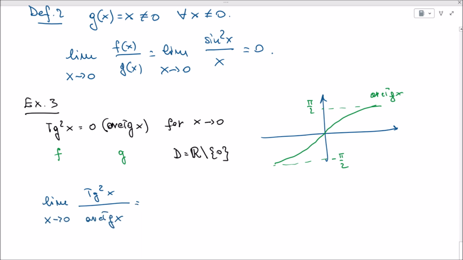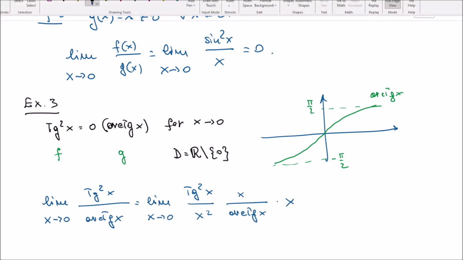How can we evaluate this limit? Well, we can write this as limit as x goes to 0 of tangent square of x divided by x squared, and then we have x divided by arc tangent of x, and then once again times x.